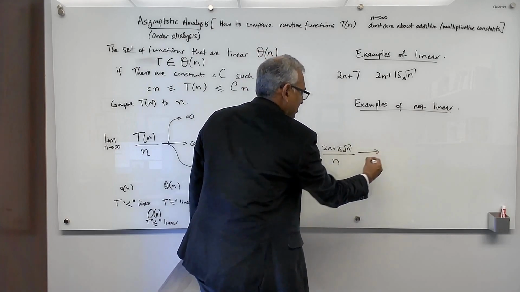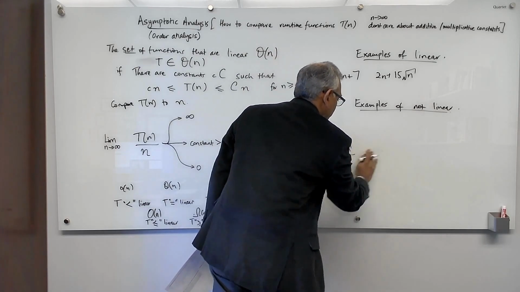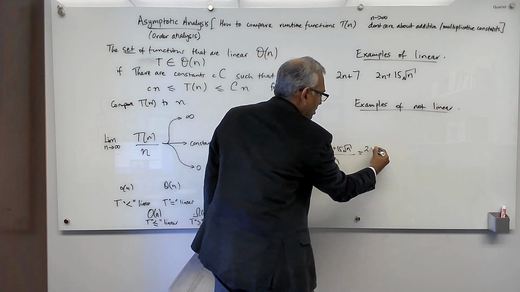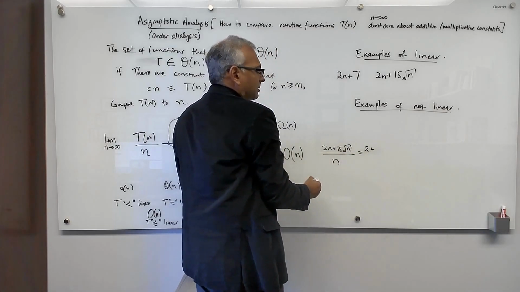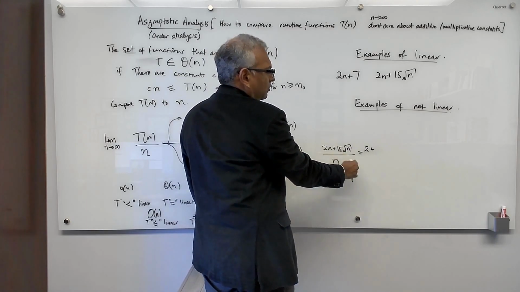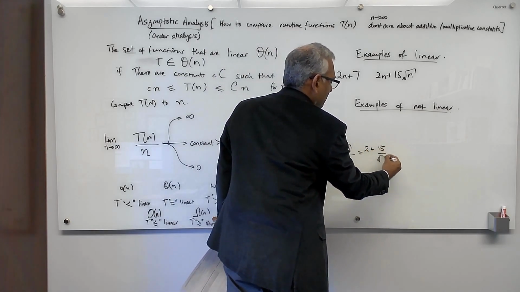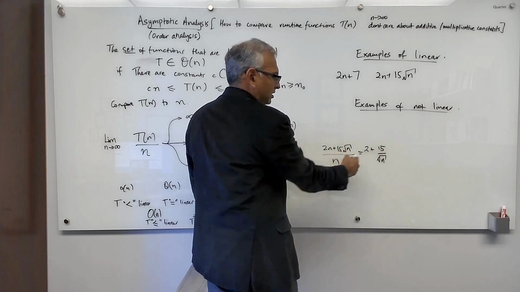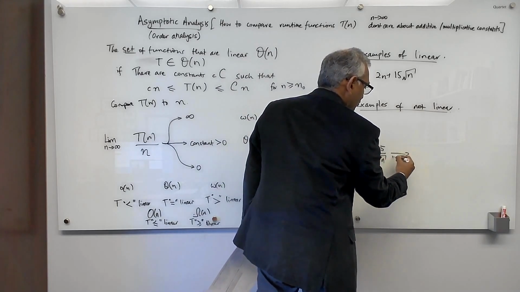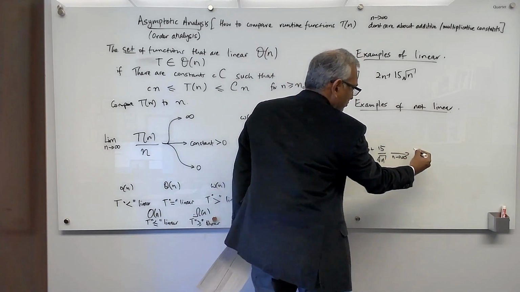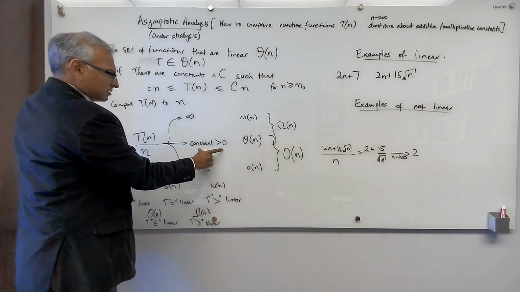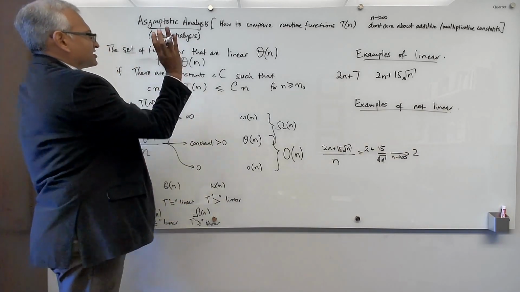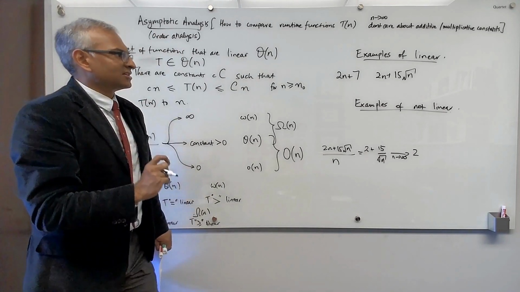This is equal to 2n over n, which is 2, plus 15 square root of n over n, which is 15 over square root of n. And as n goes to infinity, this term goes to 0, so this goes to the limit 2, which is a constant bigger than 0. So according to this definition, it fits into the set of functions we consider linear.